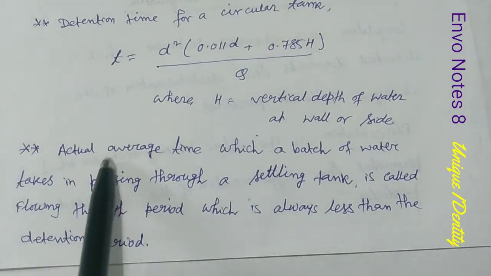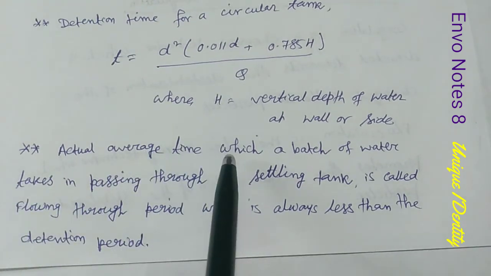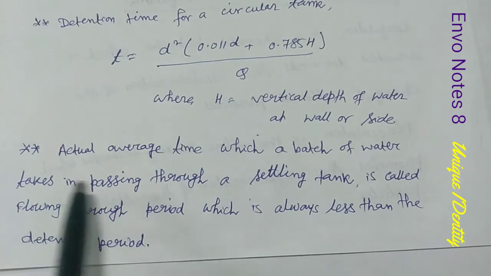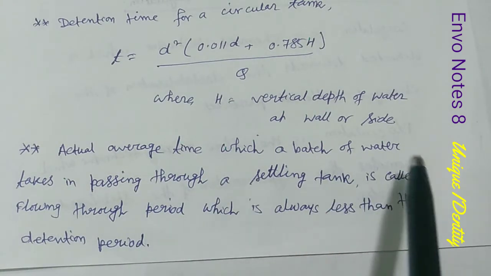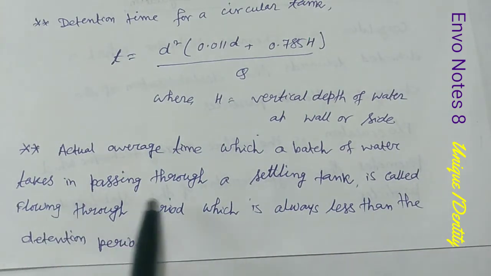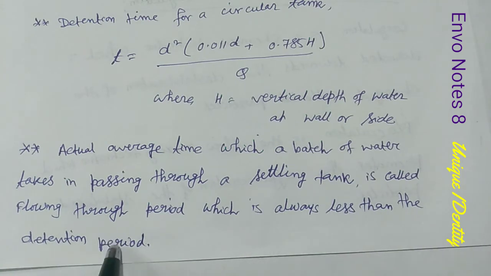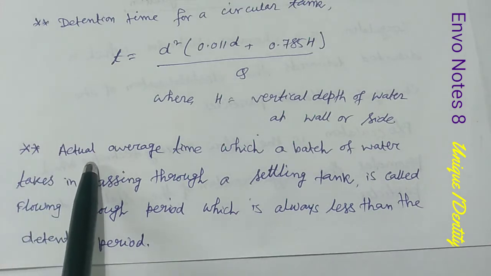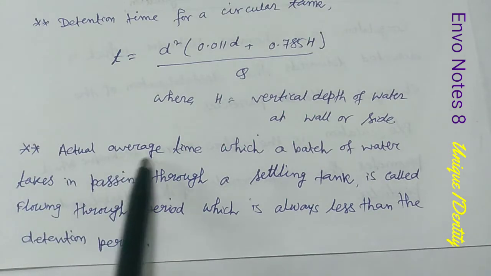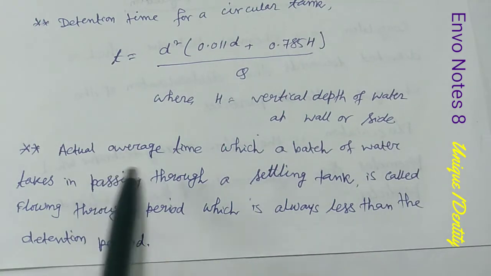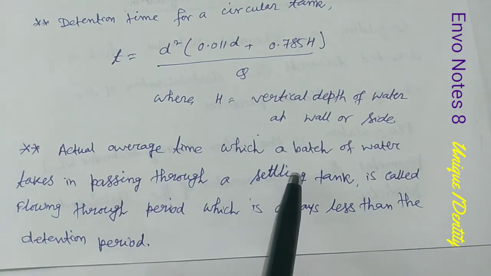Now, the actual average time which a batch of water takes in passing through a settling tank is called flow through period, which is always less than the detention period. You got this point? I am repeating it. The actual average time which a batch of water takes in passing through a settling tank.